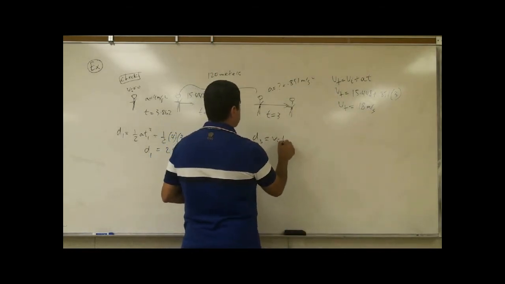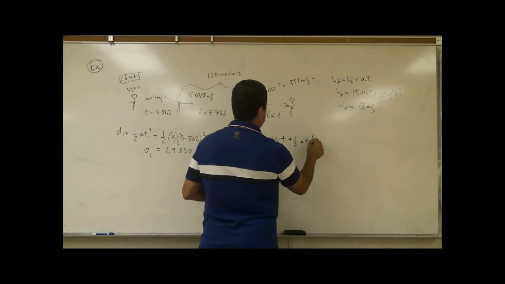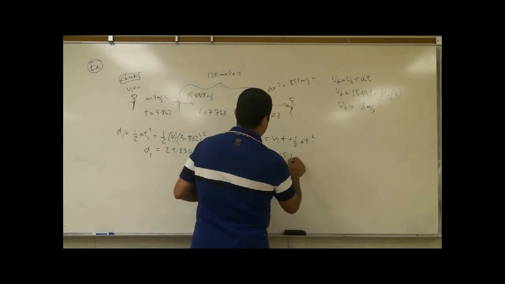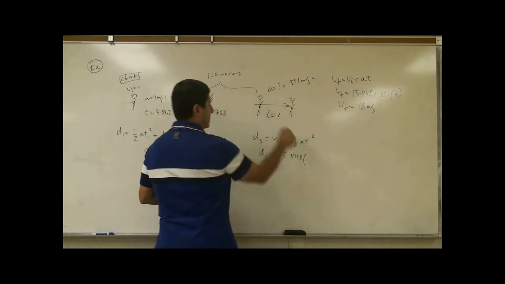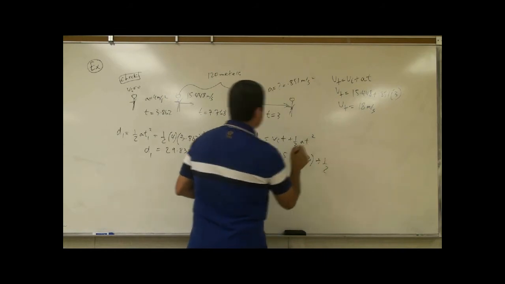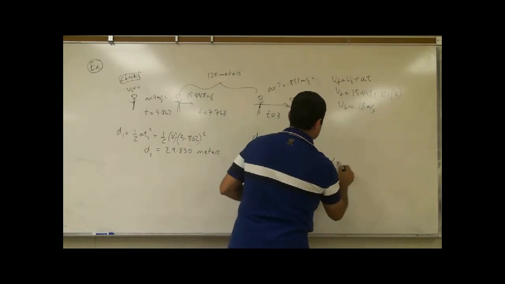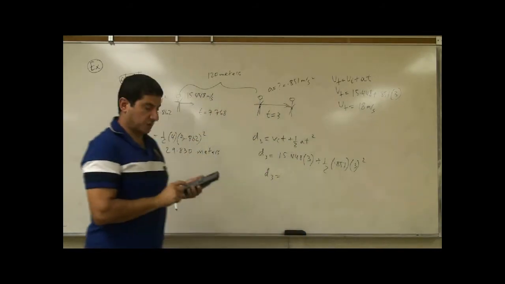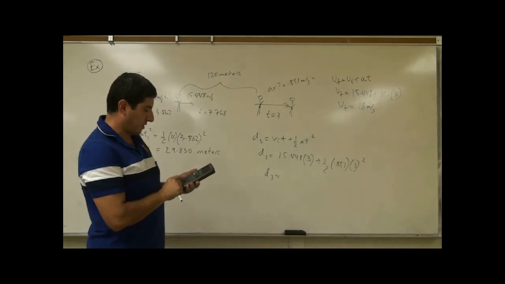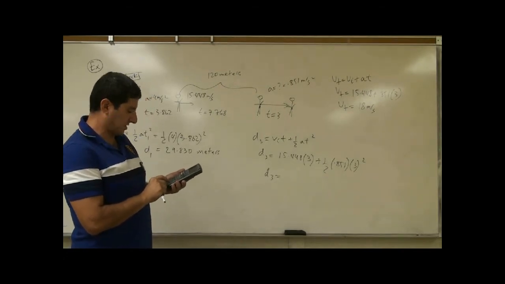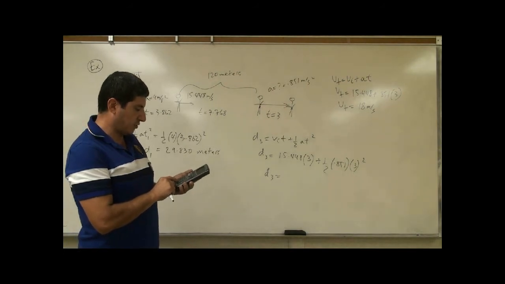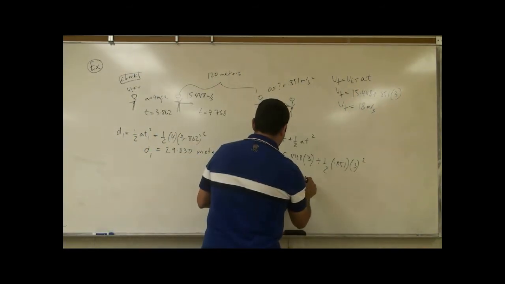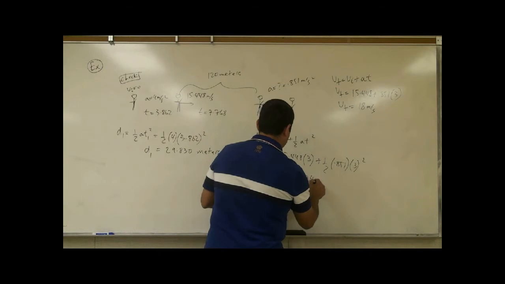D3, the initial velocity times t plus half a t squared. What was the initial velocity? 15.448. What was t? 3 seconds. What was a? 0.851. So compute that. 15.448 times 3 plus 0.5 times 0.851 times 9. 50.174 meters.